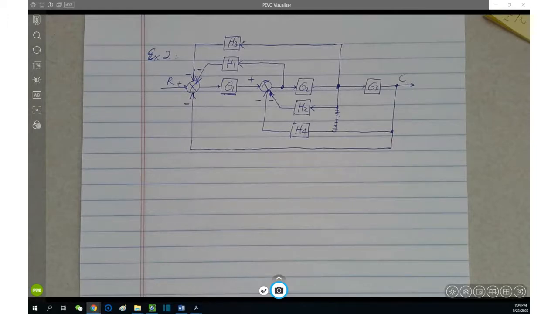Also, try not to memorize the transfer function names. You can easily tell G1 through G3 are along the forward path, named by G, and H1 through H4 are named by H. That gives you the impression that anything named H means feedback.